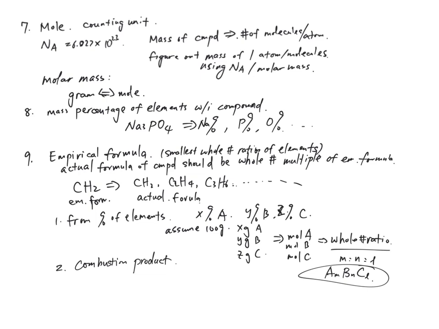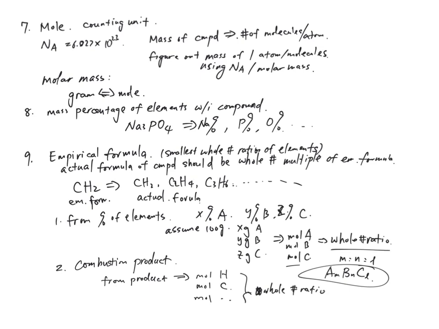Okay, and then from the amount of each of the product, you could figure out the mole of your hydrogen, mole of your carbon, or mole of whatever other elements that you have. Okay, and then from there, once you got mole, then you try to get whole number ratio, and then your empirical formula.